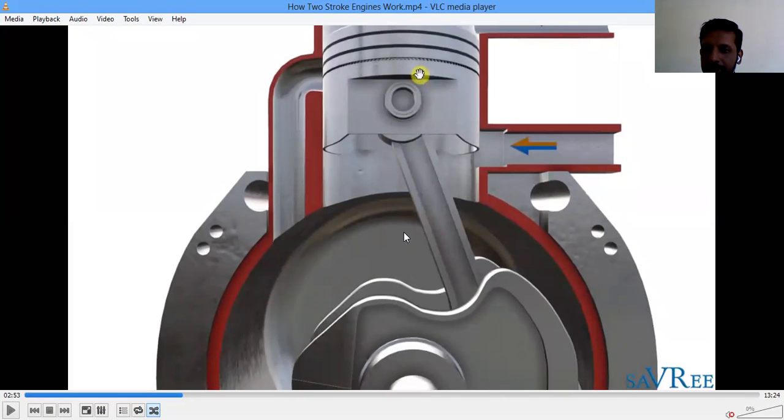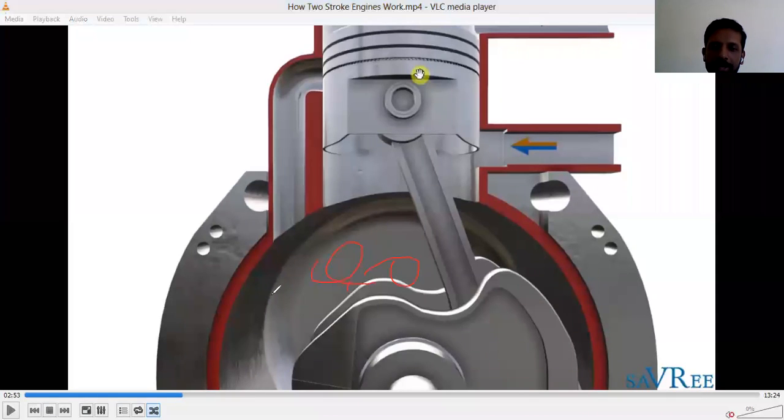Because of this pressure, all this air fuel mixture has no other way to go except through this transfer port, since that is the only opening left. So all this high pressure air fuel mixture is going to come over here, right?